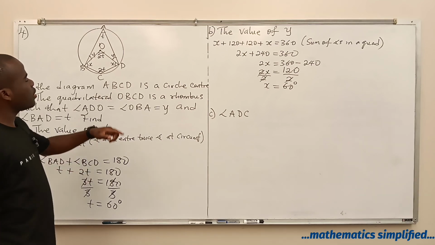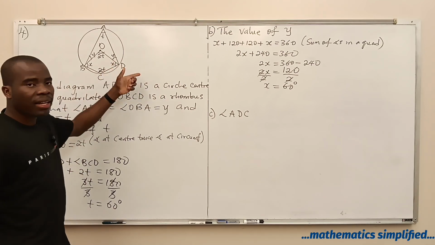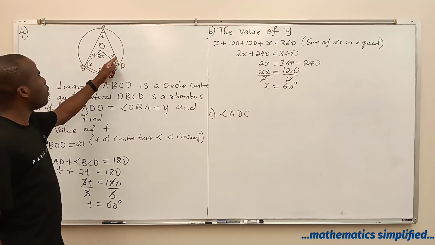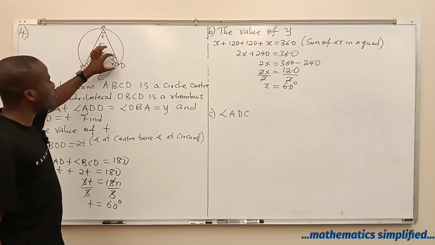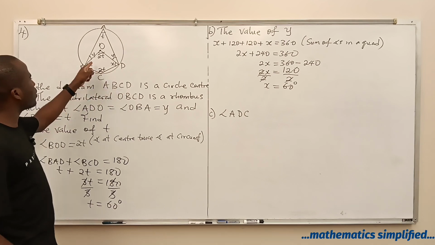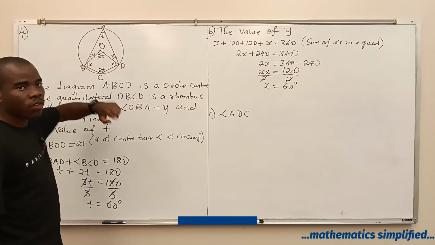If X is 60 degrees, how do we find what Y is? We are going to use the fact that the opposite angles of a cyclic quad are supplementary. That means this plus this must equal 180. We have gotten that X is 60. That means 60 plus Y plus 60 plus Y must give 180.